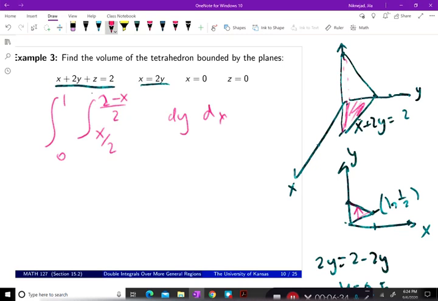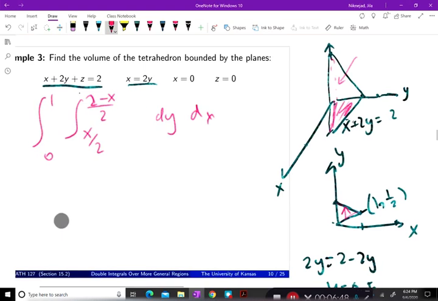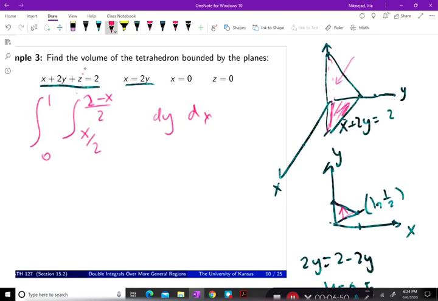So the integrand is, interestingly enough, the height of the tetrahedron. How do I know the height? This plane is going to give me the height. So I have to solve for z. Z is equal to 2 minus x minus 2y, and that would be the height. So 2 minus x minus 2y.